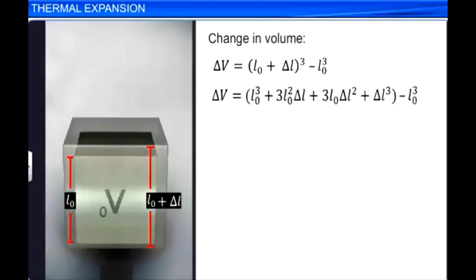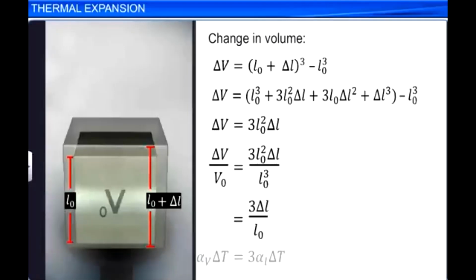Then we get delta V is equal to 3 into L naught square into delta L. Now by dividing delta V by V naught, we get 3 into L naught square delta L by L naught cube. On further simplifying, we get alpha V equals 3 alpha L. Let this be equation 2.